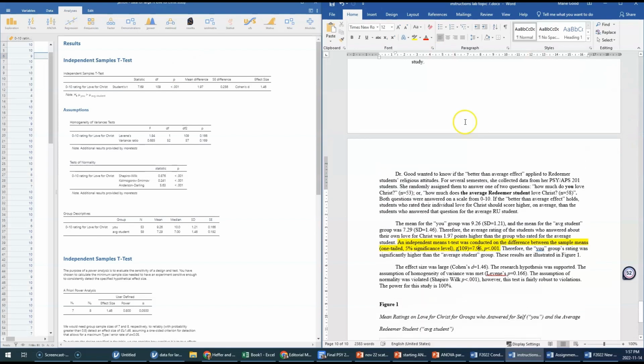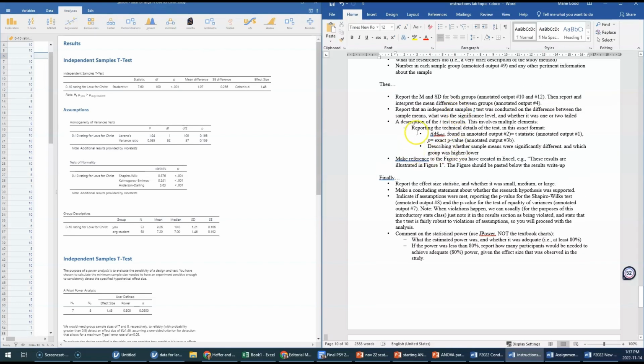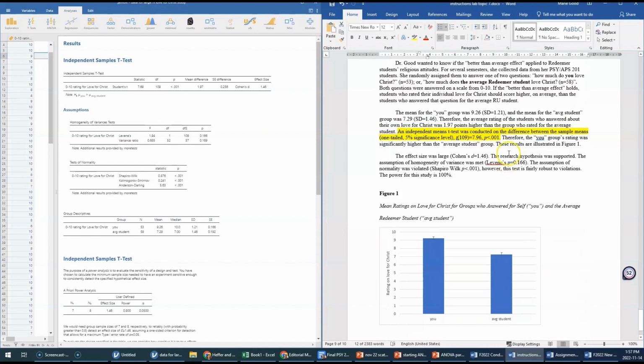And after that, it says we have to describe whether the sample means were significantly different and which group was higher or lower. This is what we're doing here when I say, therefore, the U group's rating was significantly higher than the average student group.